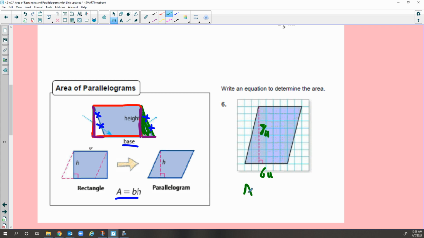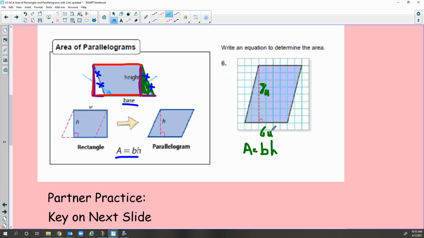So to find that, I do area equals base times height. So the base is 6. The height, again, it is not the slanted part. It's the one that goes straight up and down. 8 units. 6 times 8 is going to give me 48. And just like I did before, the area is going to be 48.